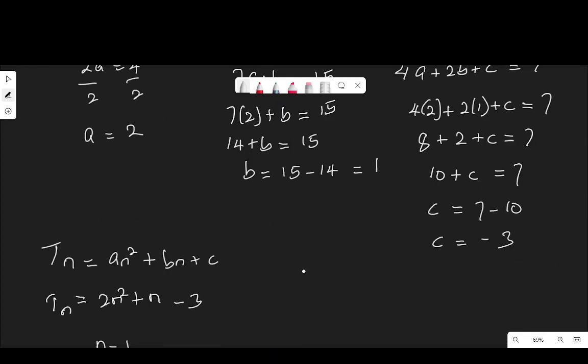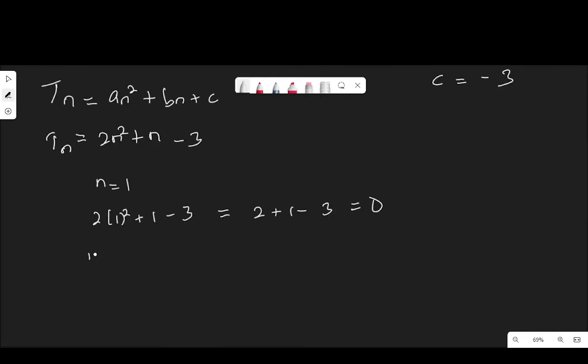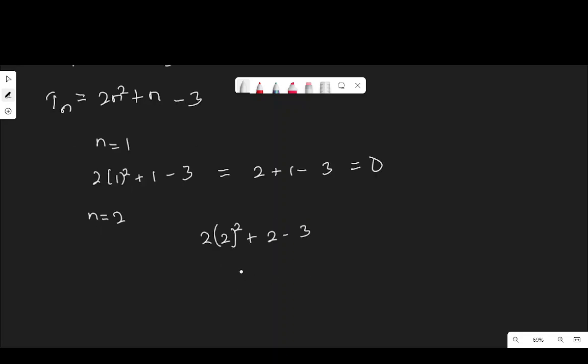Let's check it with the second term, whether we get 7. That is n equal to 2. Putting it here, I have 2 times 2 squared plus 2 minus 3. 2 squared is 4. 4 times 2 is 8.